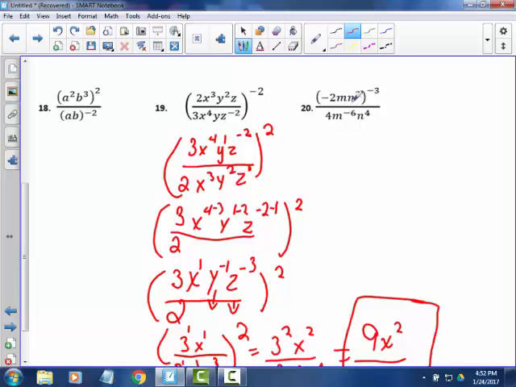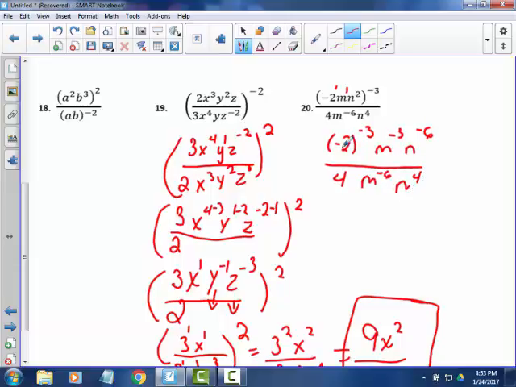That would look something like this on this one, right? We have the understood 1 powers right there and there. So this becomes negative 2 to the negative 3, m to the negative 3, n to the negative 6, right? And then we still have 4, m to the negative 6, n to the 4th.